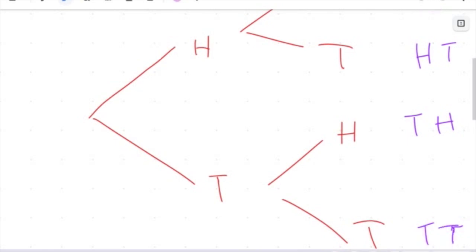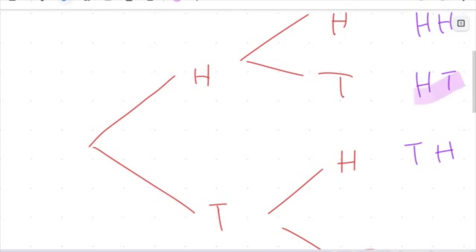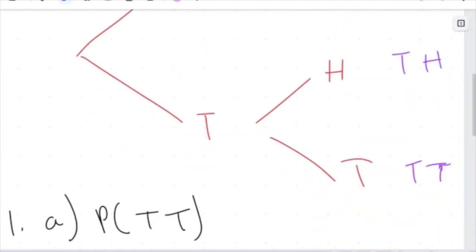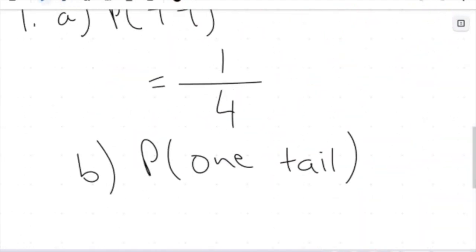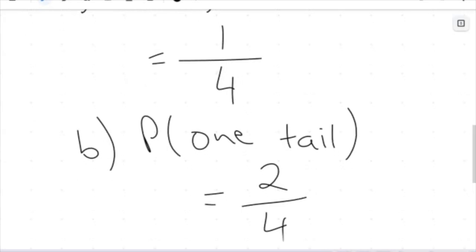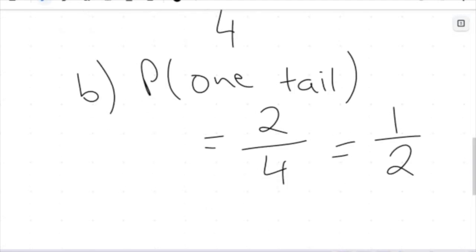We don't want that either. We just want 1 tail. So I can see here and here are both outcomes in which I get exactly 1 tail. So this makes up 2 out of the possible 4 outcomes, which we can also write as 1/2 once simplified.